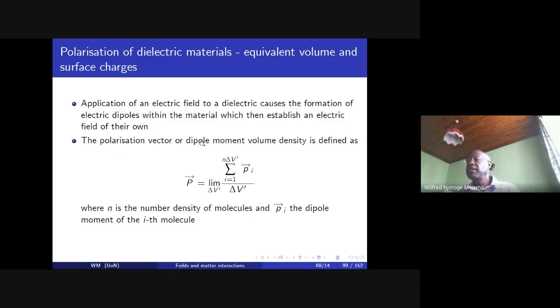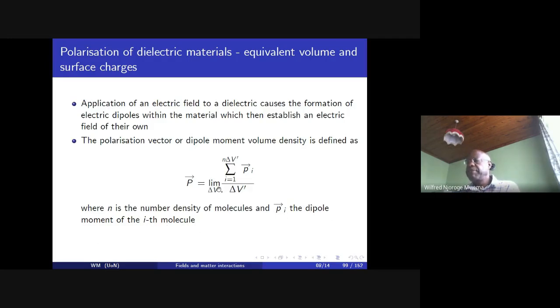So the polarization vector, or dipole moment per volume density, will be defined as P equal to the limit as we make the volume we are considering tend to 0, I think I should put a 0 here, is given by the sum from the first molecule to the nth molecule of the dipole moment per molecule. So n is the number density of the molecules, and p_i is the dipole moment of the ith molecule.